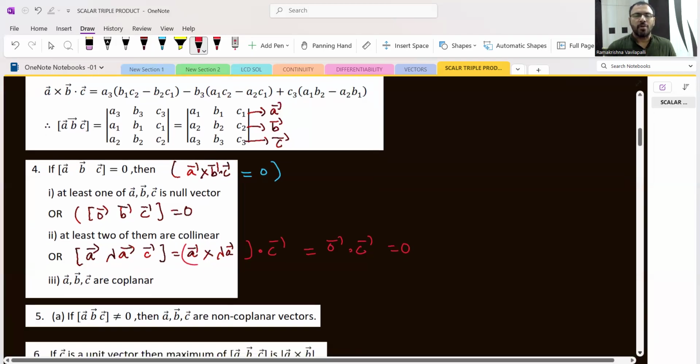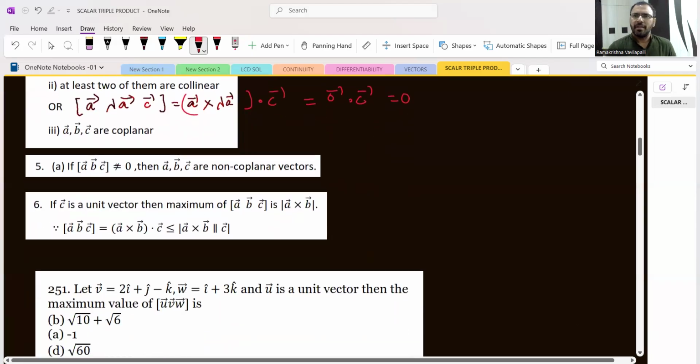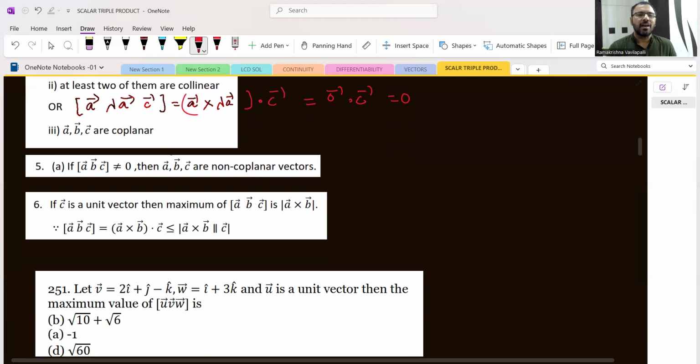And one more important point is when A bar, B bar, C bar are coplanar vectors. What is the condition for A bar, B bar, C bar to be coplanar? That box of A bar, B bar, C bar is equal to 0. Why does this condition happen?